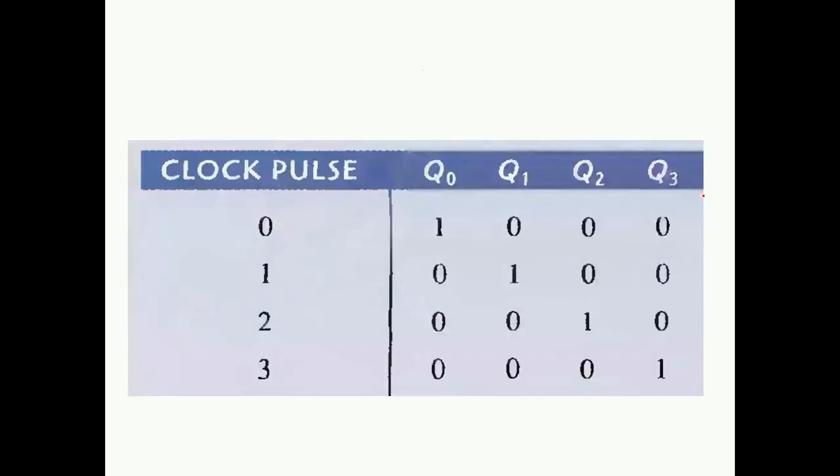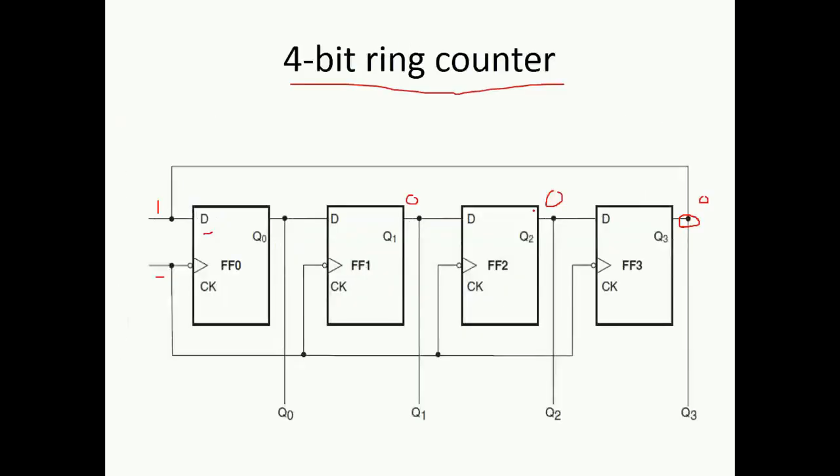So as per the truth table, when the clock pulse is 0, as D is 1 for flip-flop number 0, Q0 will also become equal to 1, whereas the output of the remaining flip-flops is equal to 0. Now what will happen when the first clock cycle appears?